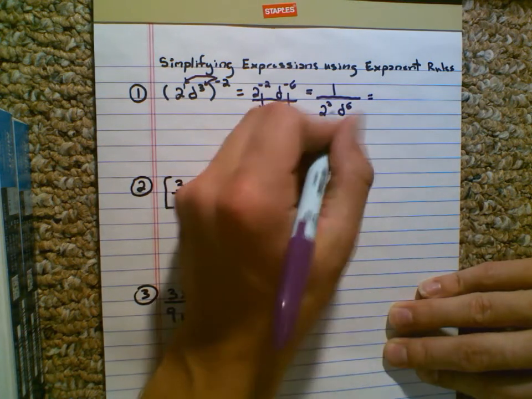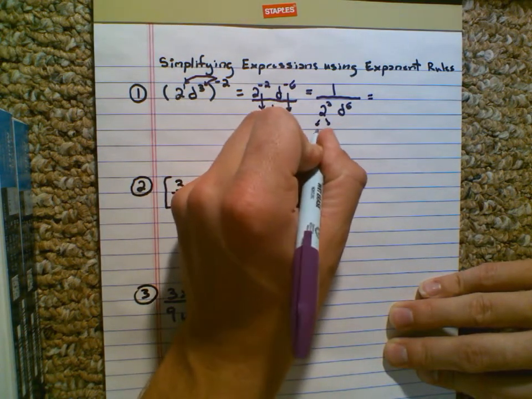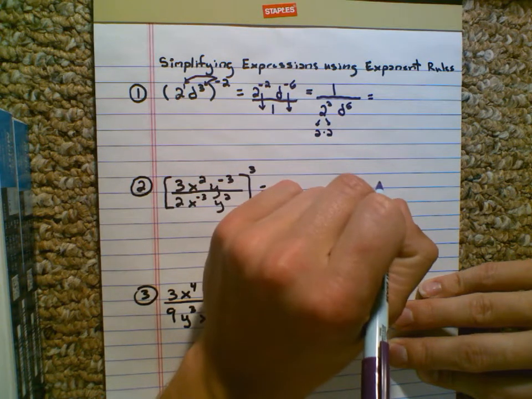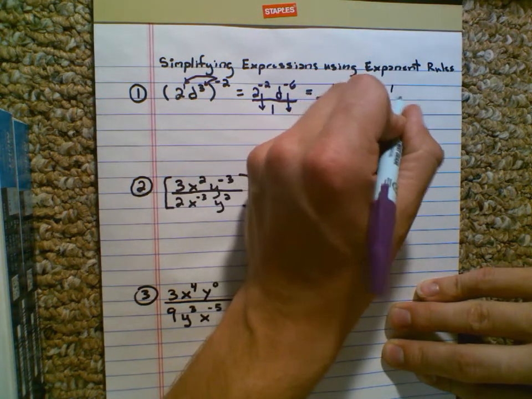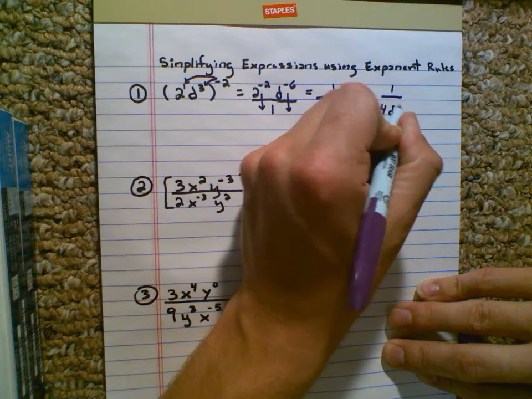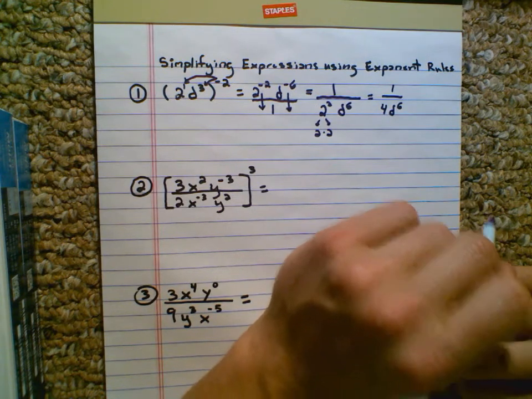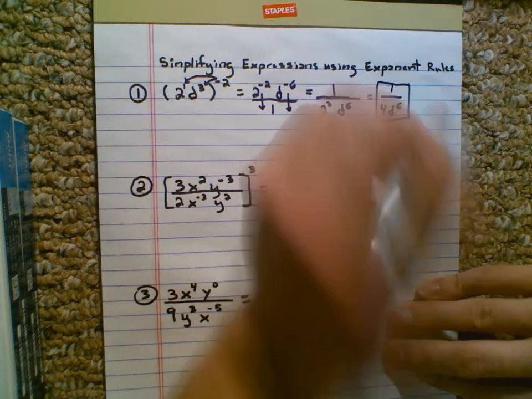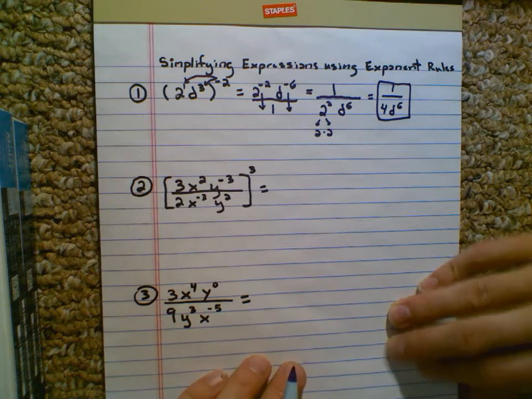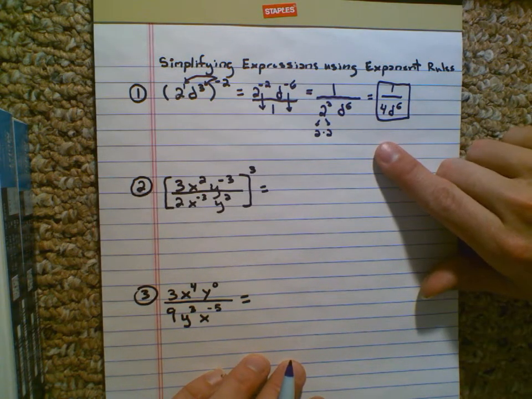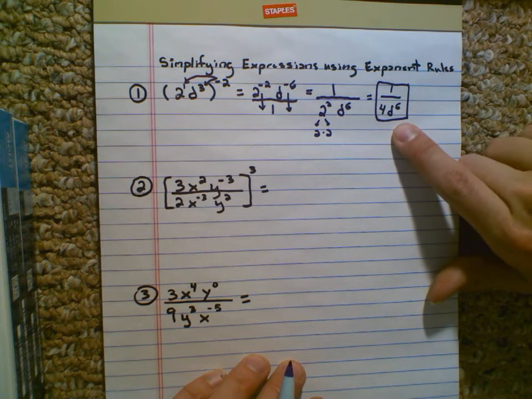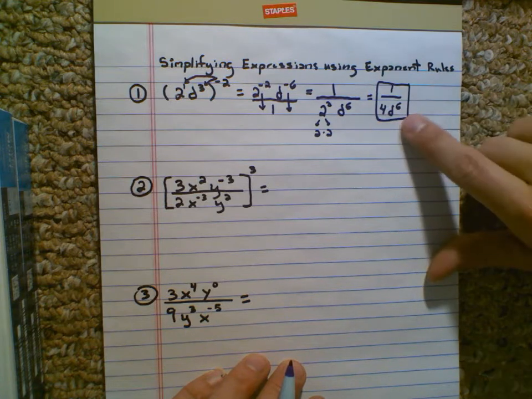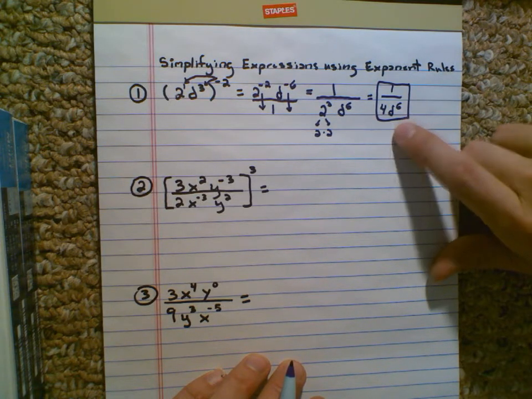Well, 2 squared is really the same thing as saying 2 times 2, and 2 times 2 is 4, so I would get 1 over 4 d to the sixth power. This would be my answer. Now, normally it's also important to note that anytime you're simplifying an expression, you know when you're done because there are no other exponent rules that you can do to simplify it any further.